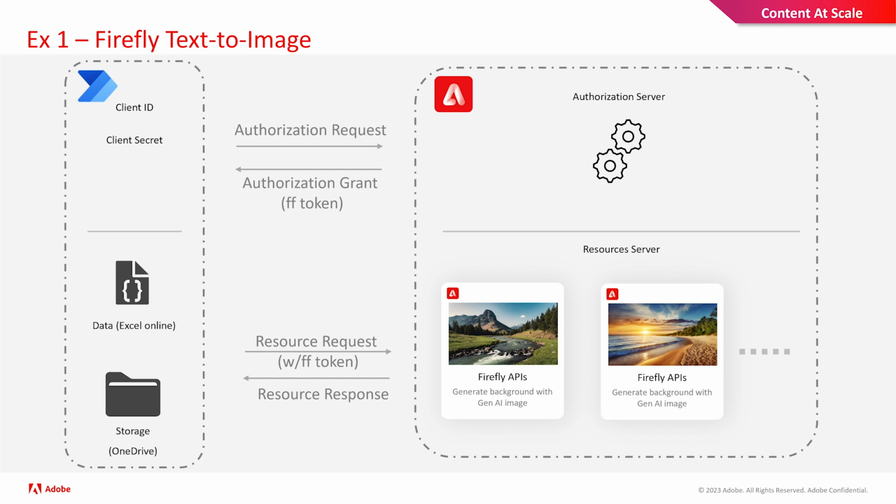The API will make this a text-to-image call and generate these images dynamically for us. And it will generate as many images as there are text prompts in the Excel spreadsheet. The result will be sent back for online storage. In this case, it could be a OneDrive. So that's what we are going to do.